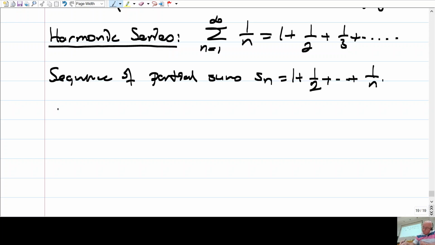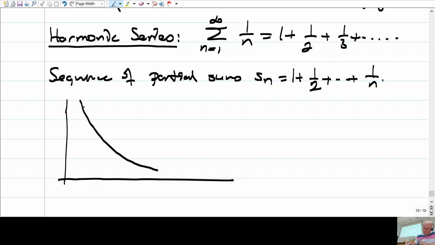All right. So here is the graph of the function y equals 1 over x. And here is 1, 2, 3, 4, 5, and so on.